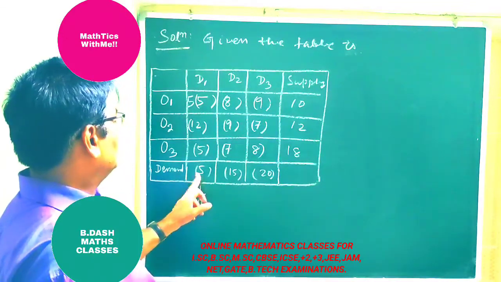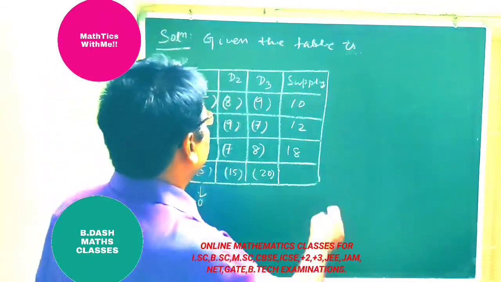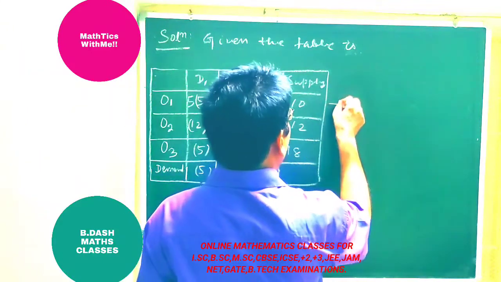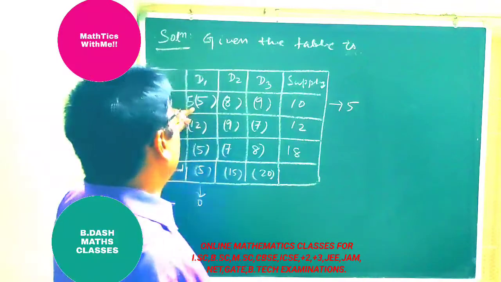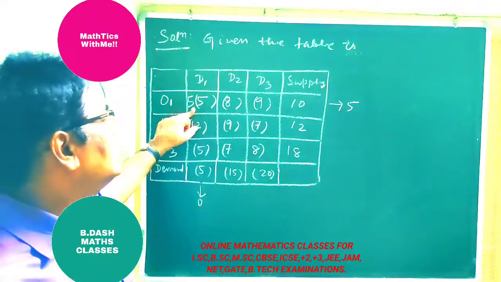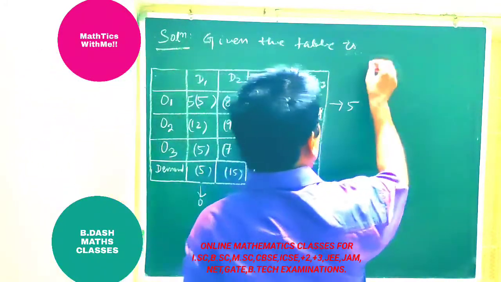We are left with 5 units in the row because 5 is allocated in cell 1 1.